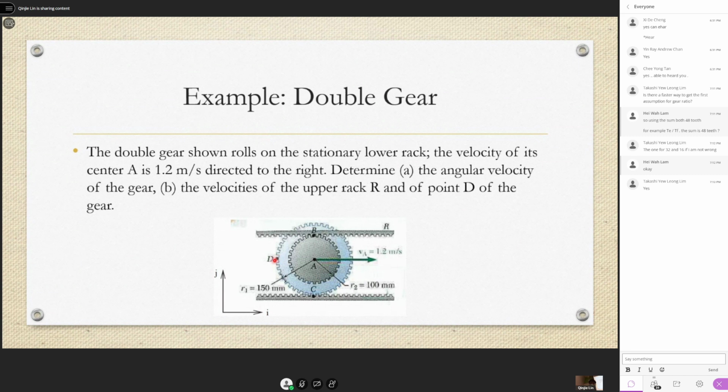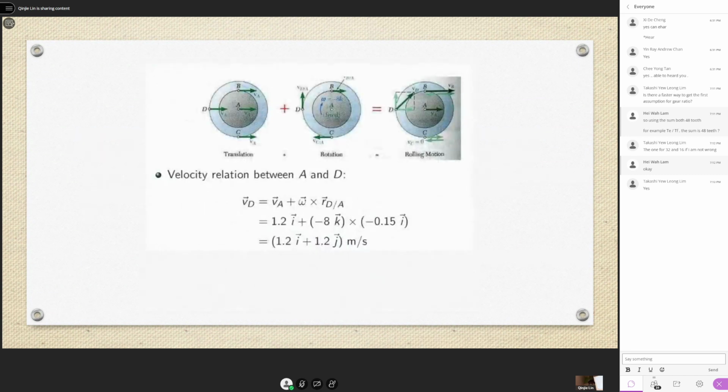Then point D is actually the same. Let's use the same method. Velocity relation between A and D. To find D is VA plus omega cross RDA. Exactly the same equation that we have used. So VA we know already, the same one. Omega is also the same because it's the same gear, turning at the same angular velocity.